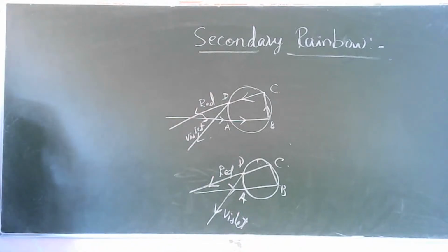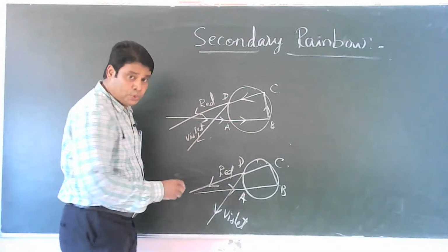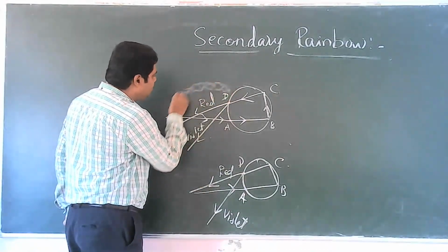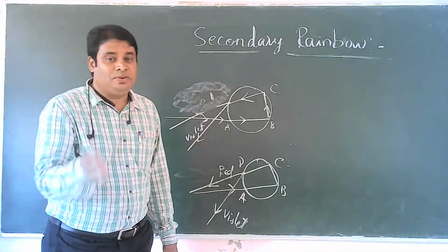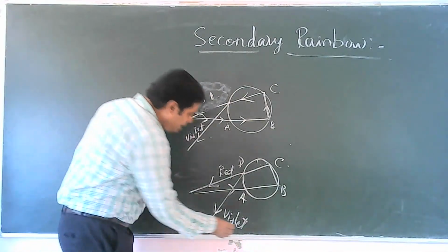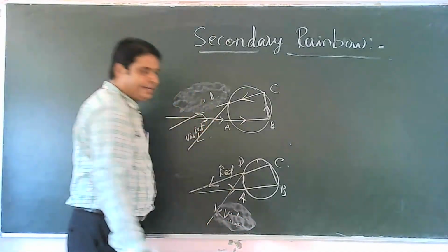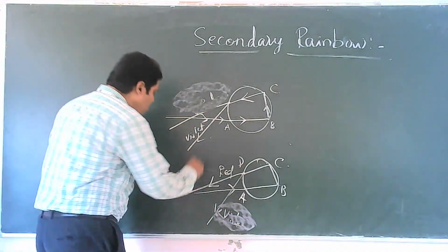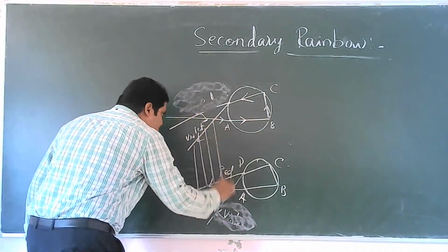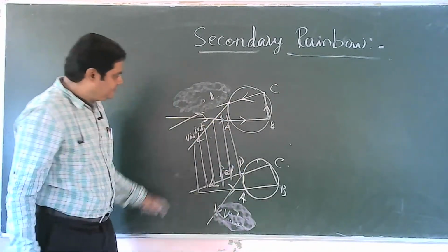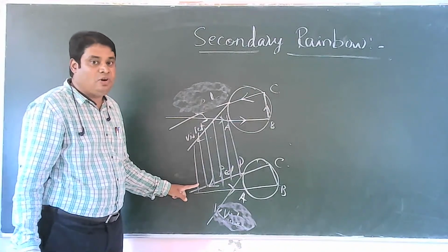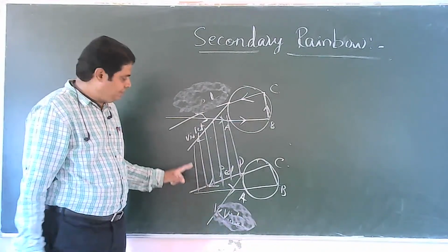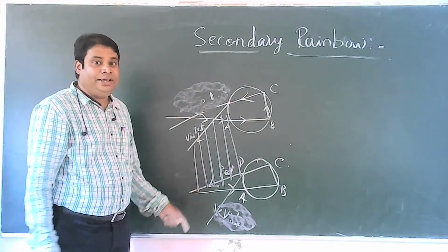Similarly, here too, the observer on the ground cannot see red color from the first droplet and violet color from the second droplet. The only area visible to the observer on the surface of the earth is violet to red.